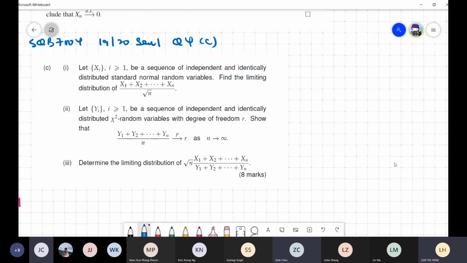First of all, Xi is a sequence of independent and identically distributed, so IID, standard normal random variables. Find the limiting distribution for this.